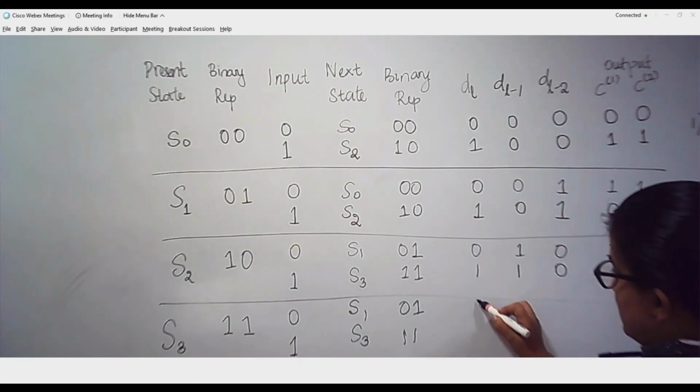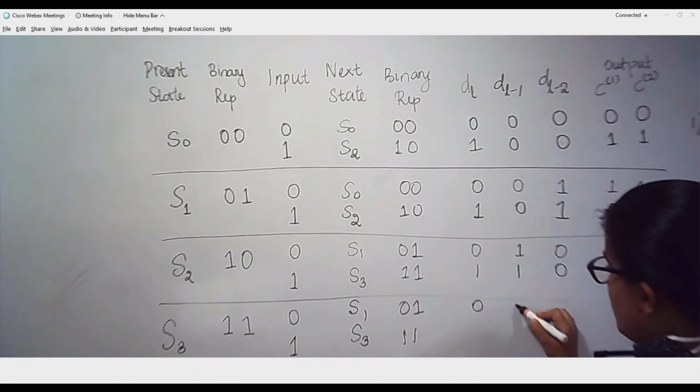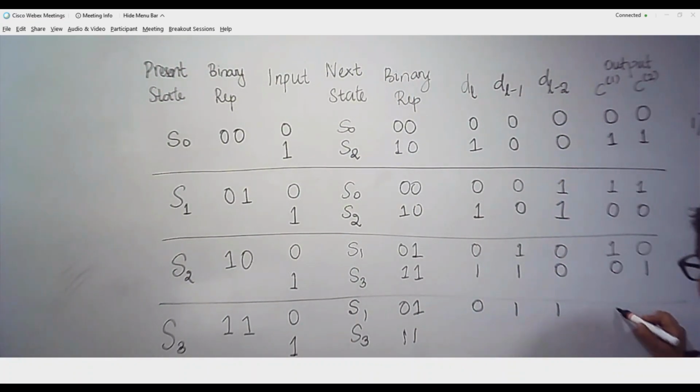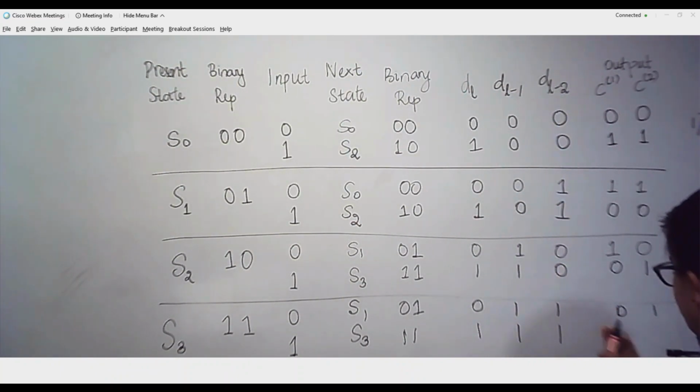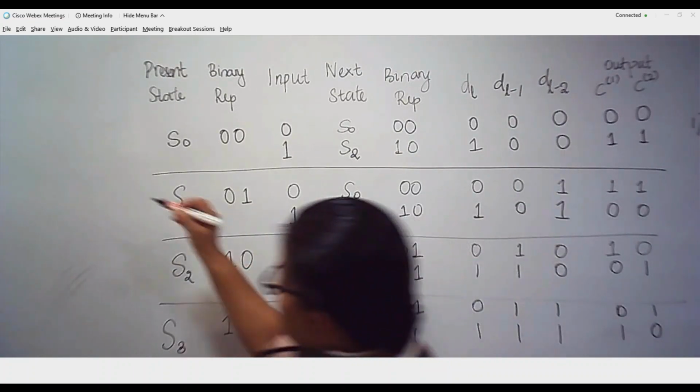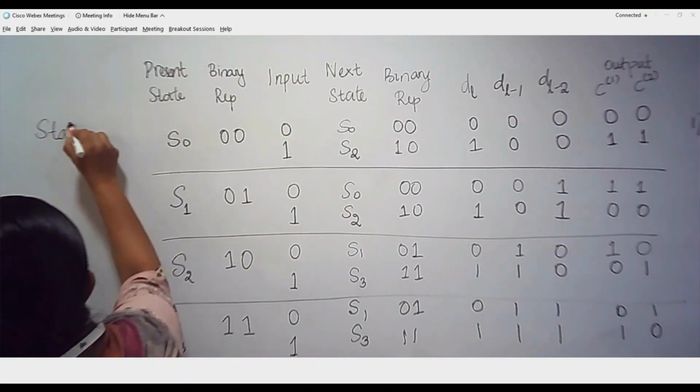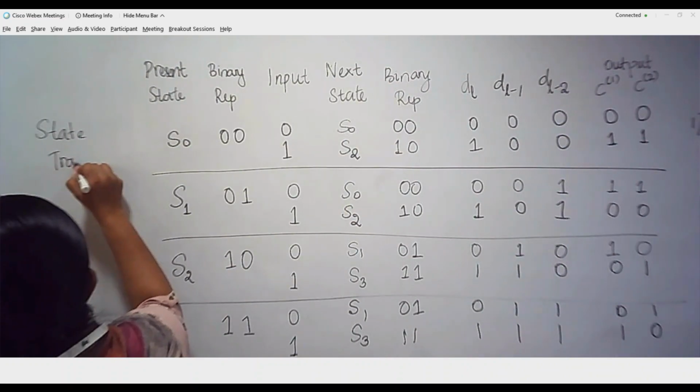And the same here also, it is 0, 1, 1, for which we will have 0 and a 1, right? The next one is 111. For the 111 case, this one would be 1 and this one would be 0. This is the state transition table.